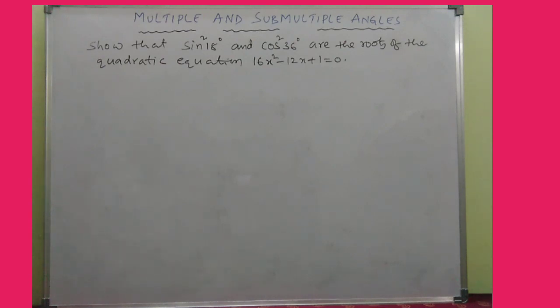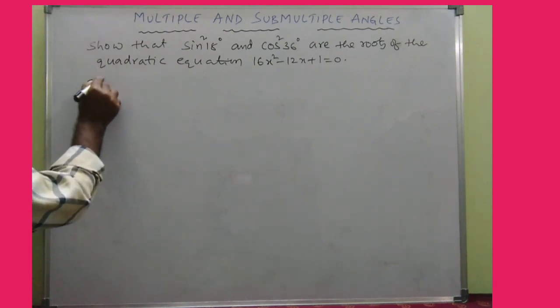See, a quadratic equation is provided to us, so let us find out the roots and show that those roots are nothing but one is sin square 18 degrees and the other one is cos square 36 degrees.